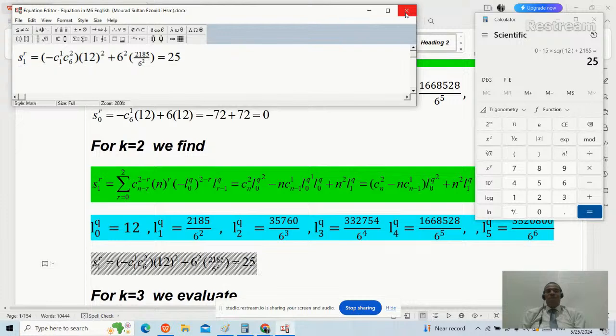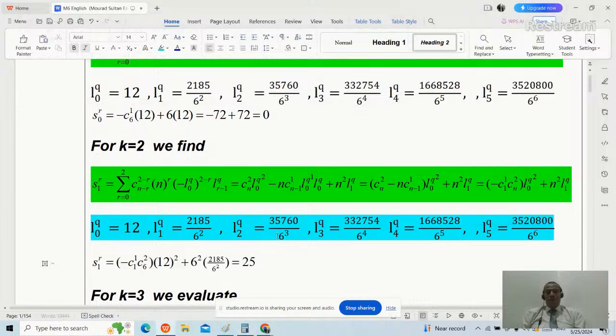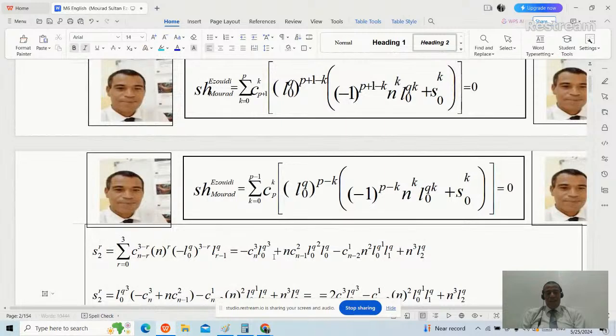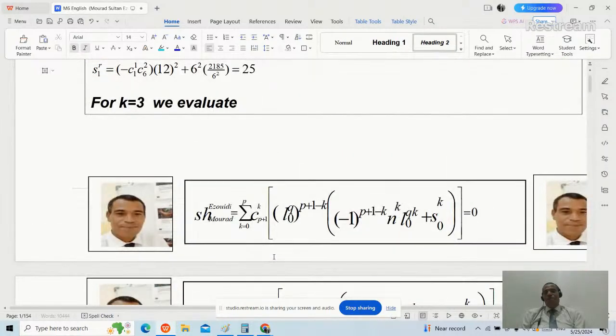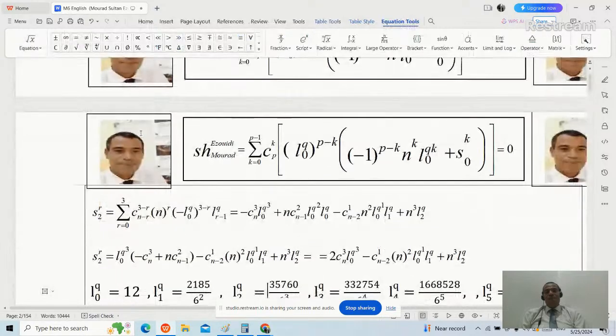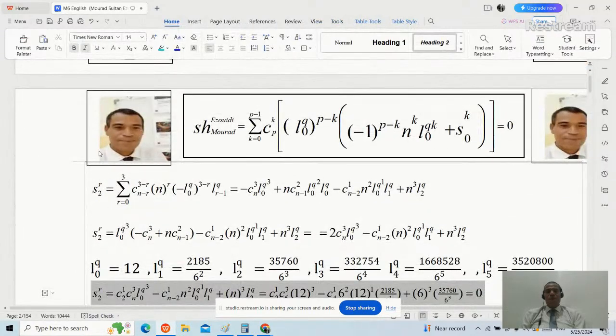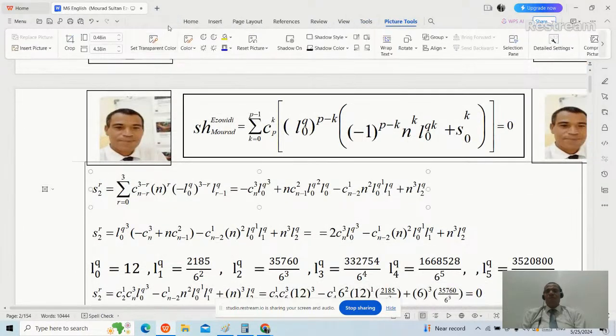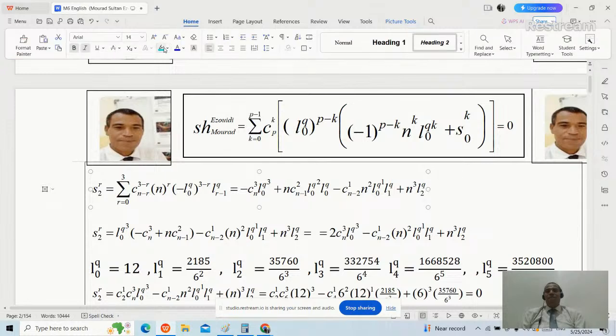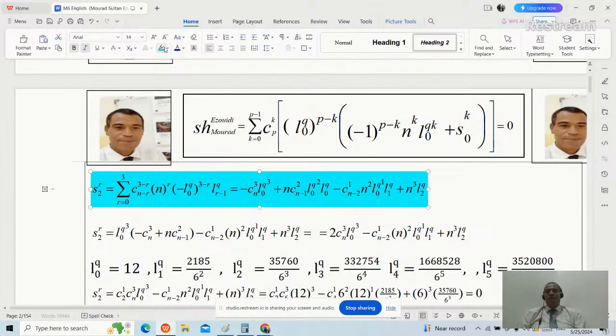After finding the values of S1 and S0, I will try to find the value of S2. To find the value of S2, learners, you set K equal to 2 so that you can evaluate it, so here n equals 3.